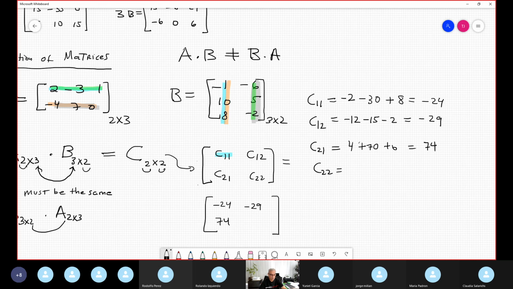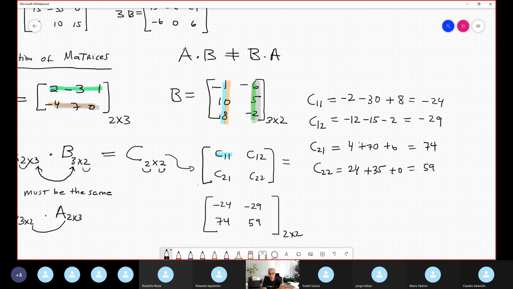So negative 4 times negative 6 is 24. 7 times 5 is 35. And 0 times negative 2 is 0, and together this is 59, and this is the multiplication matrix, 2 by 2. Got it? Got it?